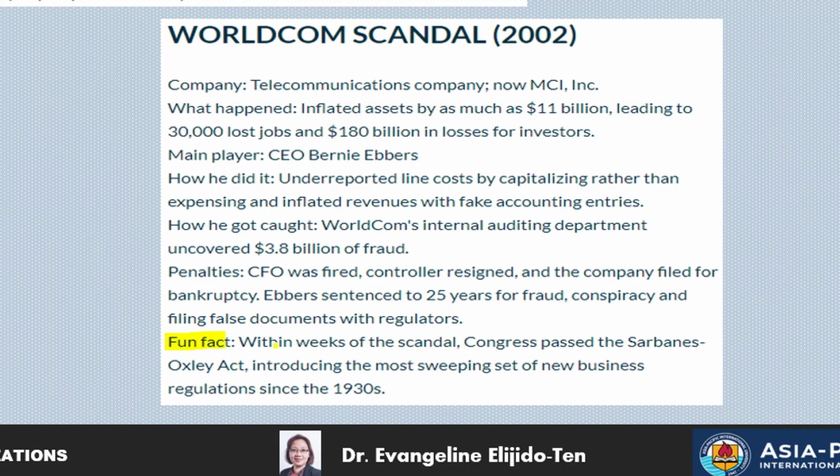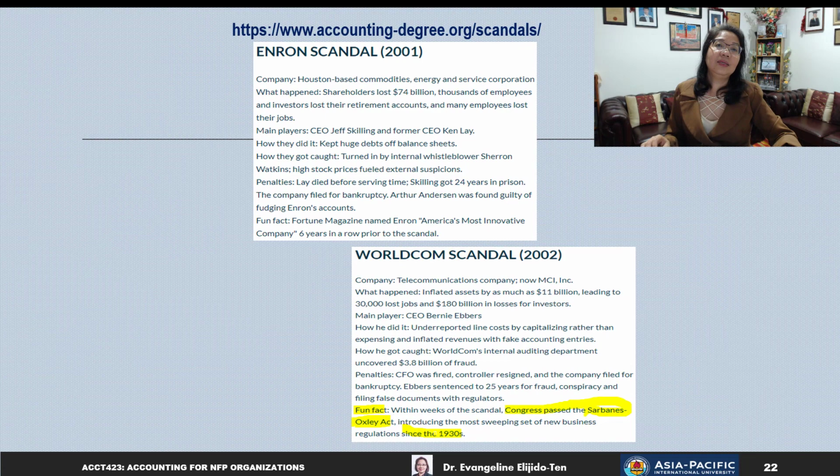Another fun fact here. Within weeks of the WorldCom scandal, the Congress passed the Sarbanes-Oxley Act. This was our special topic just now, right? So within weeks, the Congress passed SOX, introducing the most sweeping set of new business regulations since the 1930s.